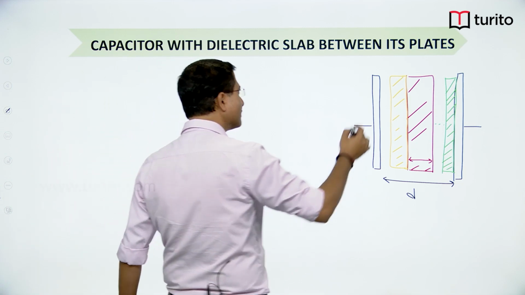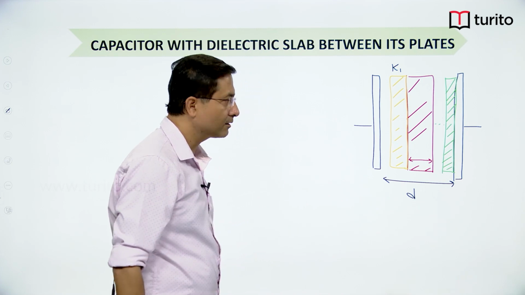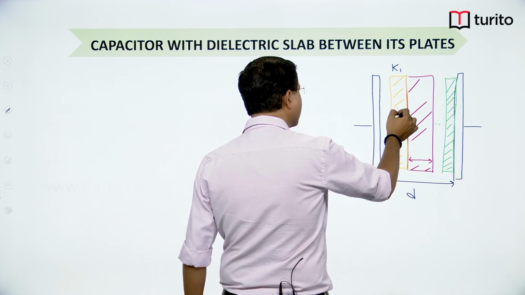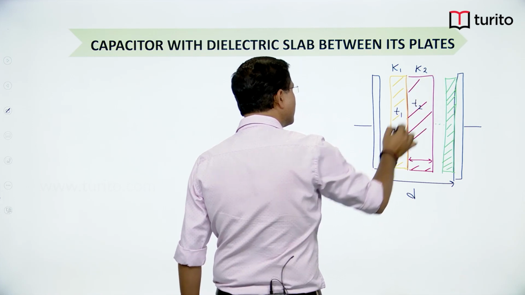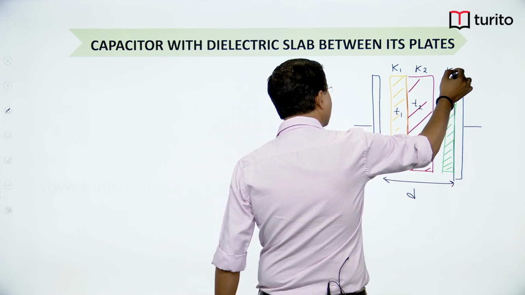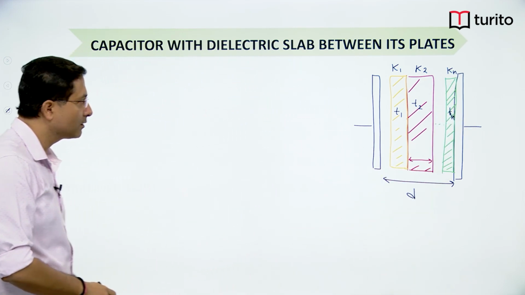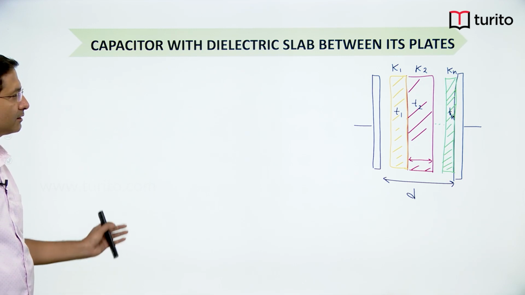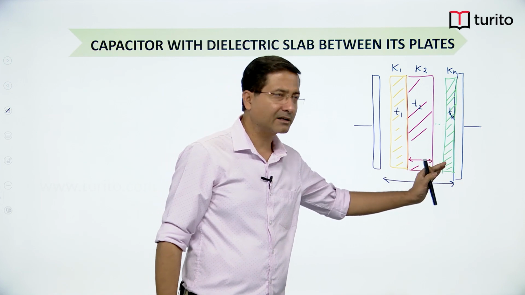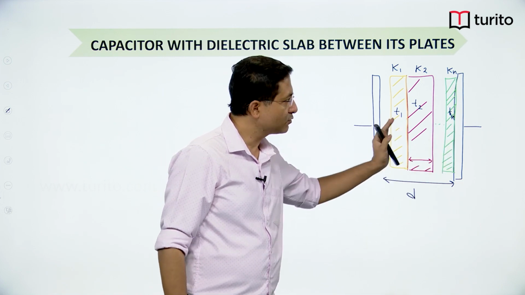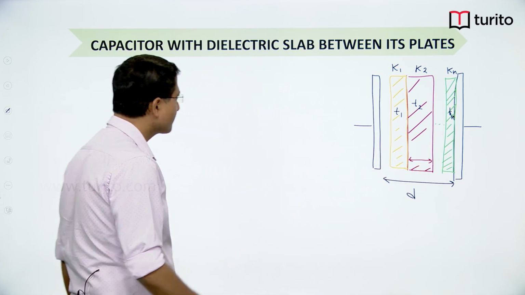I have assumed this has dielectric constant K1 and its thickness is T1. This is K2, its thickness is T2. This is Kn and its thickness is Tn. So the space between the capacitor plates is filled by n dielectric slabs this way, and I want to find out the capacitance.